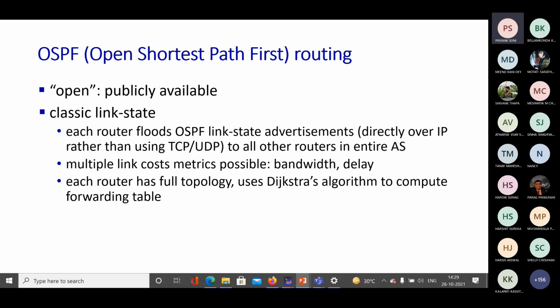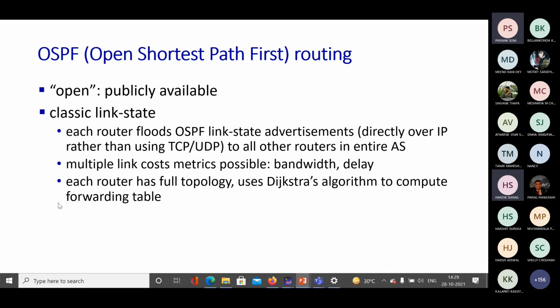In this case, each router floods the link state advertisements to all other routers in the entire AS. Because it is intra-AS, within the AS each router floods its own link state advertisement to all other routers in the AS. It is flooded directly over IP rather than using TCP or UDP.